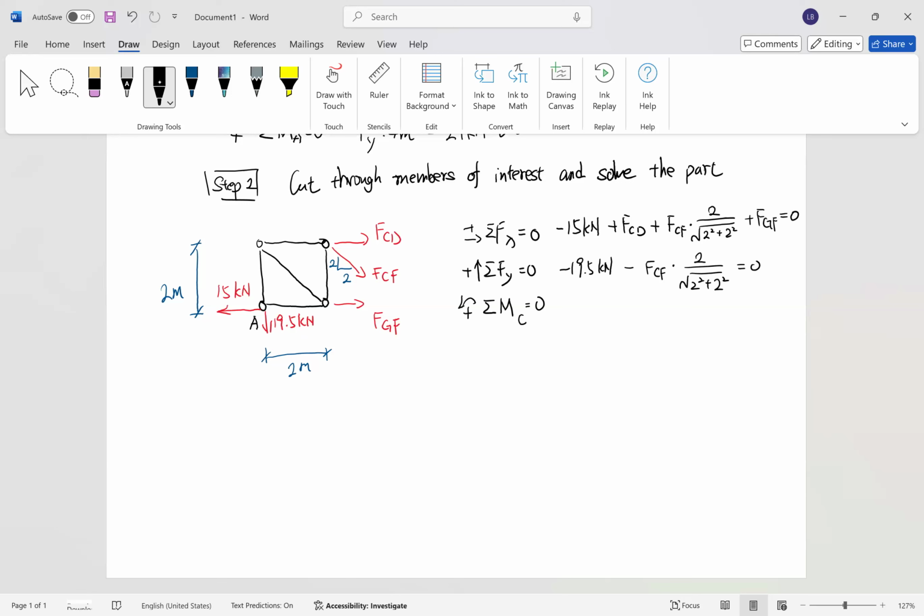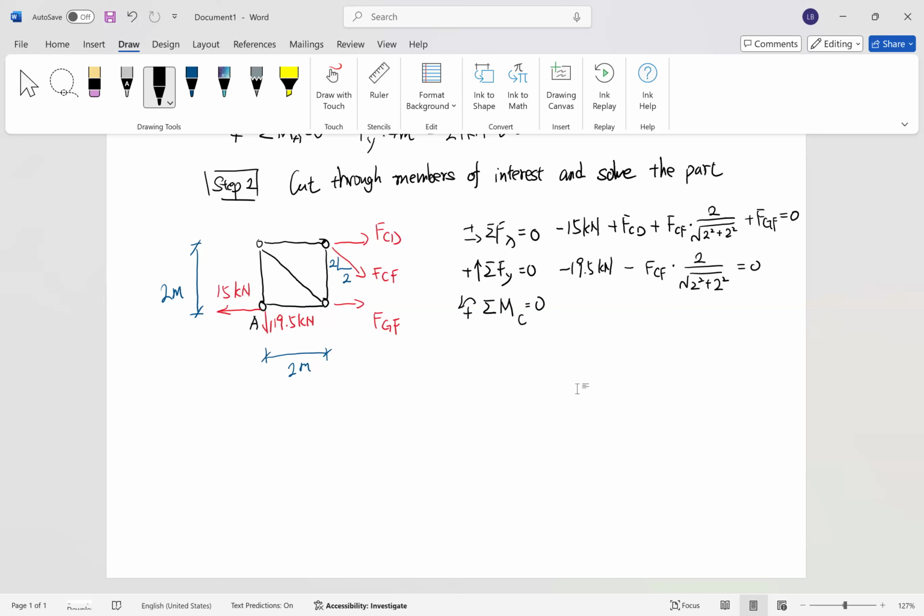Now what else? We should also have the summation of the moment about C equals 0. What are the forces that contribute to the summation of the moment about C?